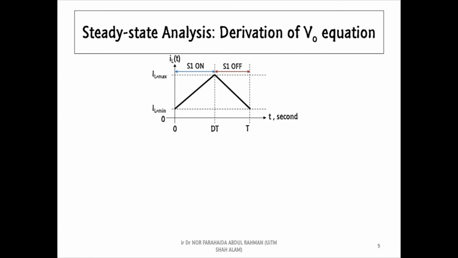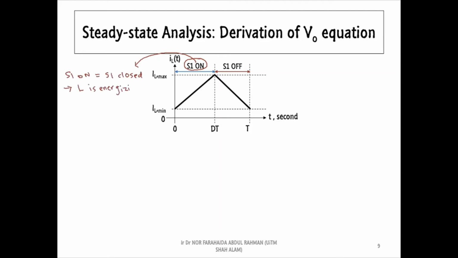Next, we will analyze the characteristics of the inductor current when the controllable switch S1 is in on state and off state. When S1 is turned on, it is also known as S1 is closed.